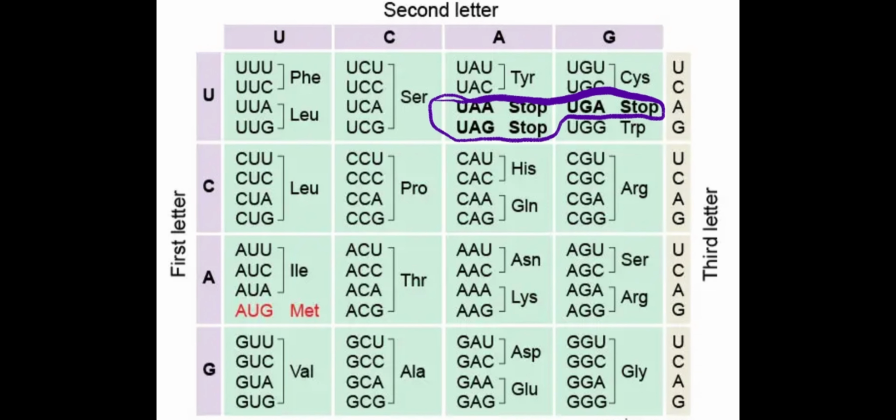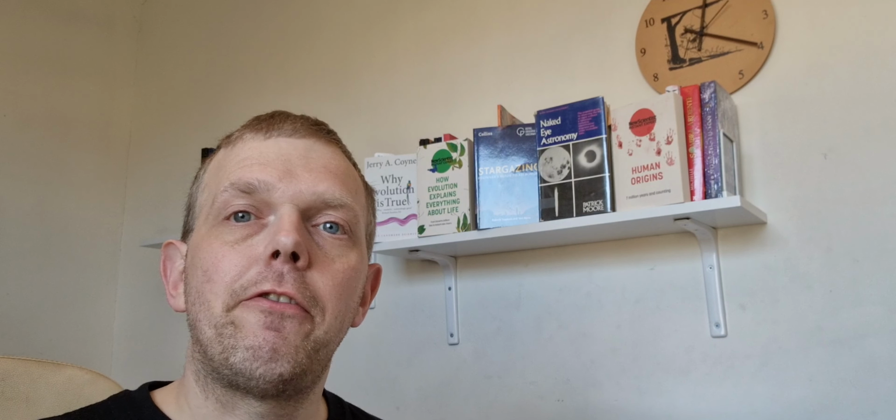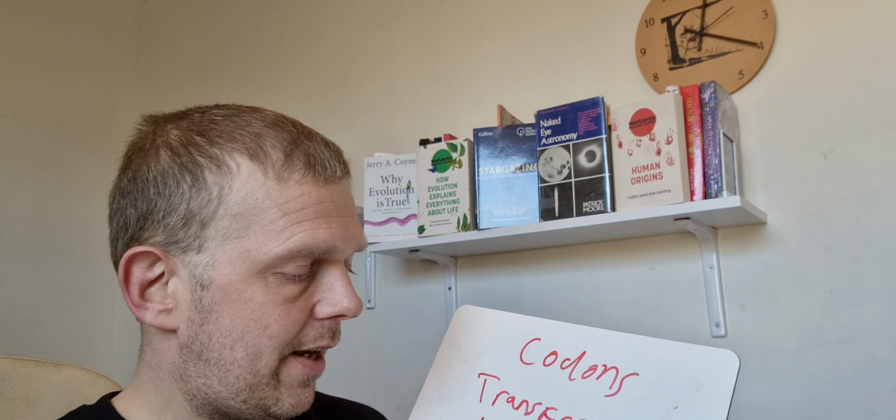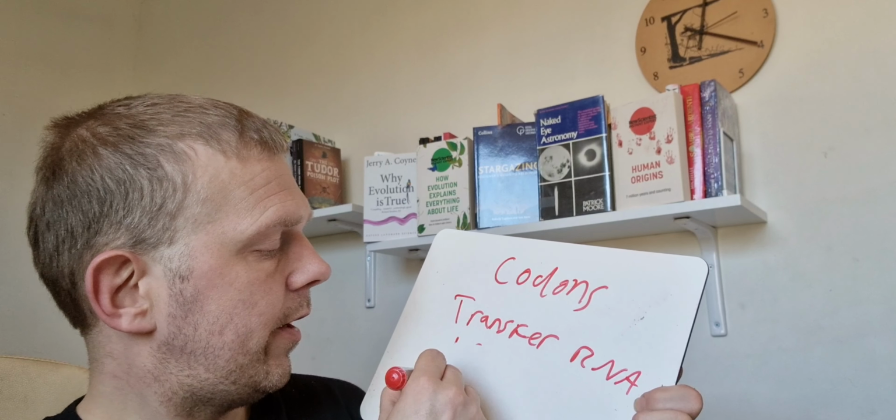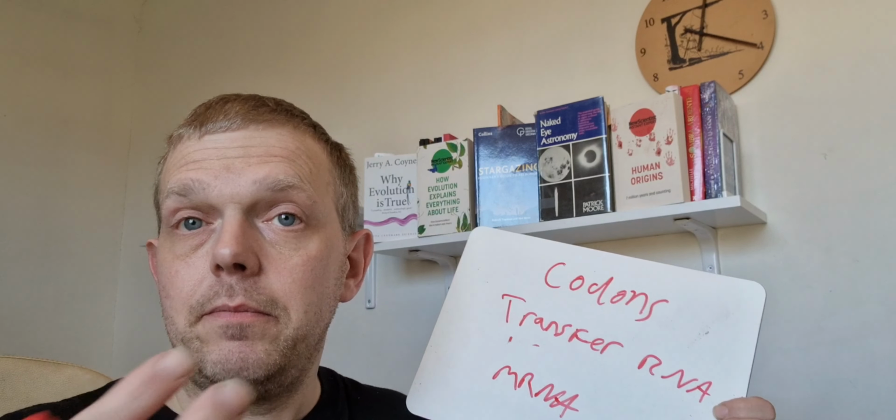These are called stop codons. When the ribosome reaches a stop codon, it detaches itself from the messenger RNA, or the mRNA, and then releases the amino acid chain.